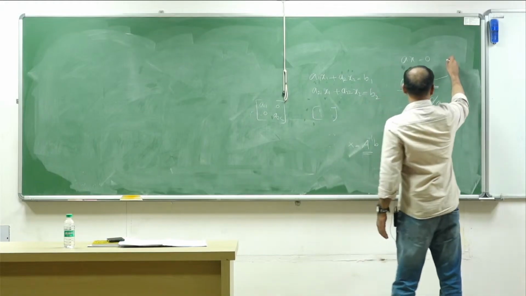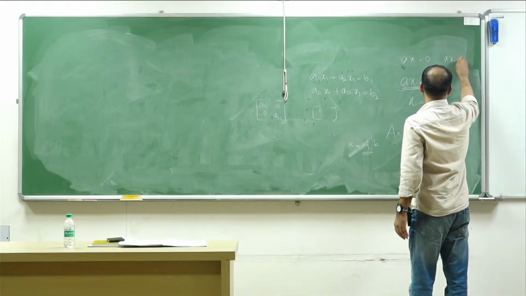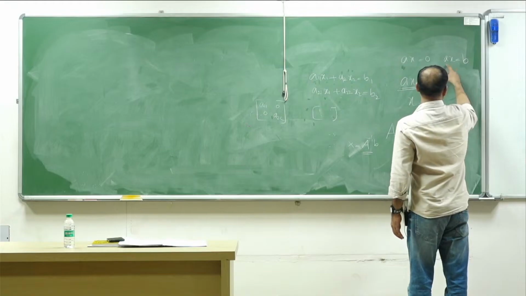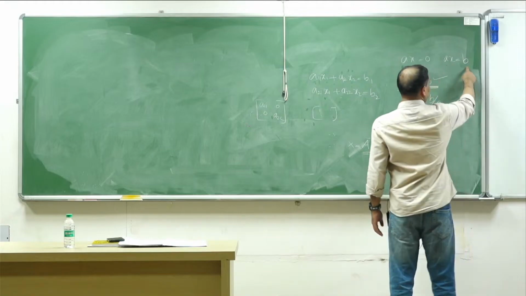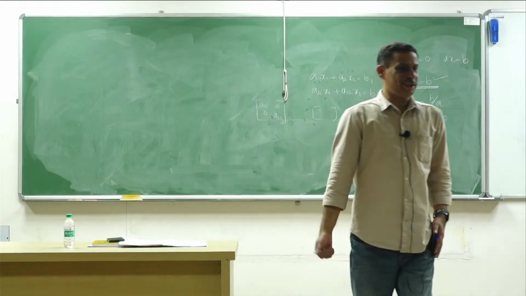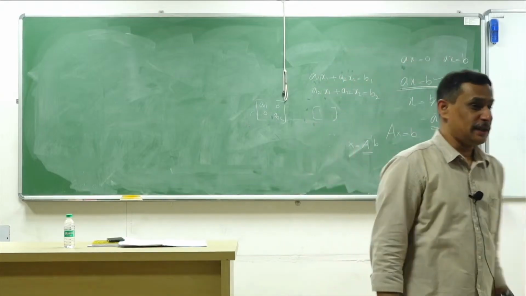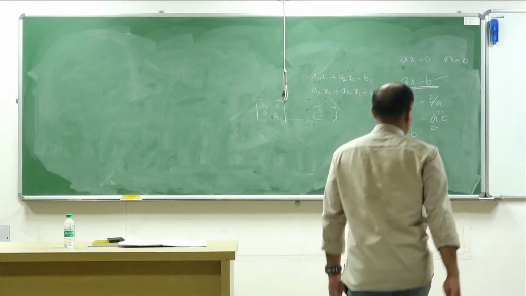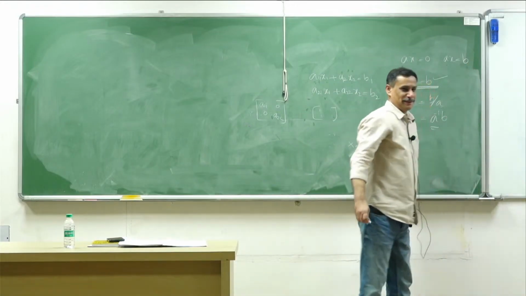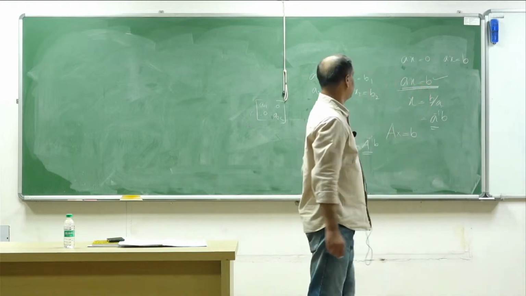The other case, Ax equals b. Suppose A is 0. What happens if b is non-zero? A is 0, b is non-zero. Okay, there is an inconsistency. That means something non-zero is equal to 0. Mathematically wrong, that is correct.